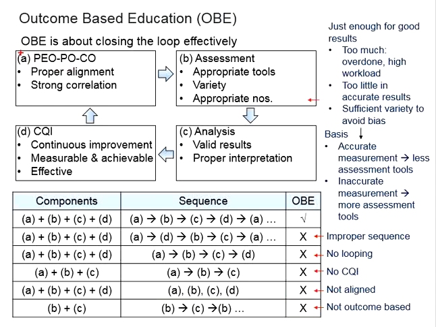Or some may have the program outcomes, course outcomes, and program objectives well aligned, but lack CQI. This is also not OBE. You will see the entire program stagnant without any improvement over time.